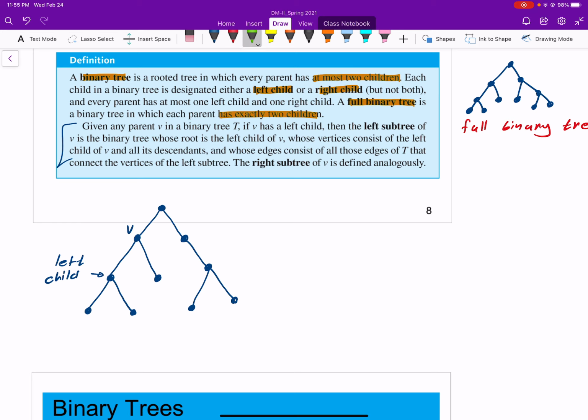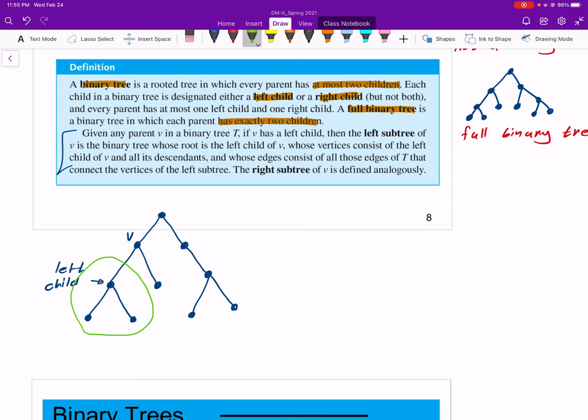This is the left subtree, the binary tree whose root is the left child of v.